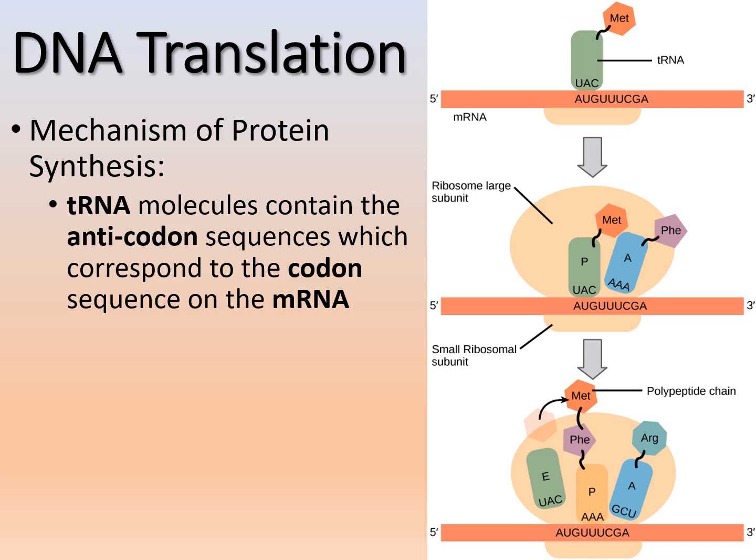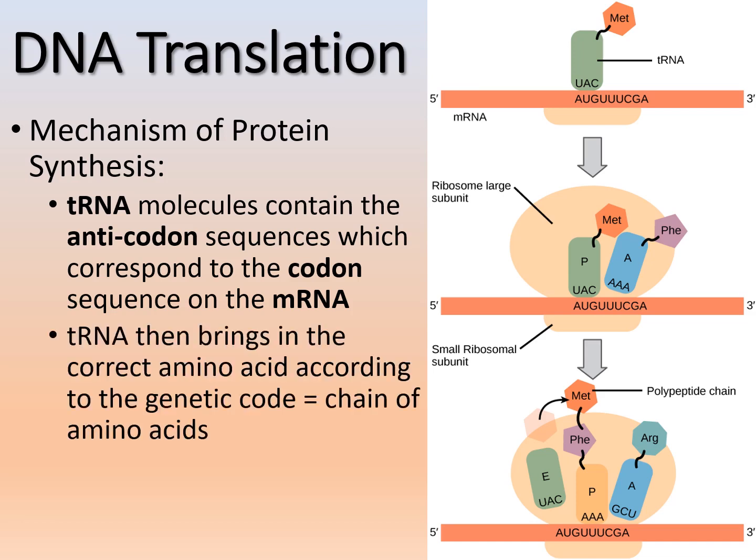Right? The codons live on the mRNAs and they are going to code for a certain amino acid. And so the tRNA is actually going to have that amino acid attached to it. So the anticodon is going to recognize its codon on the mRNA and bring in that correct amino acid.